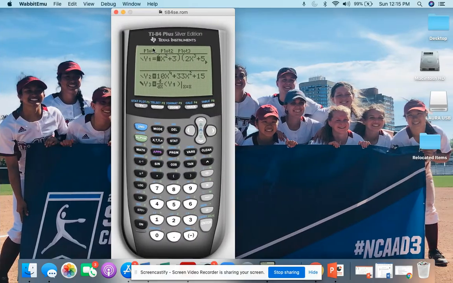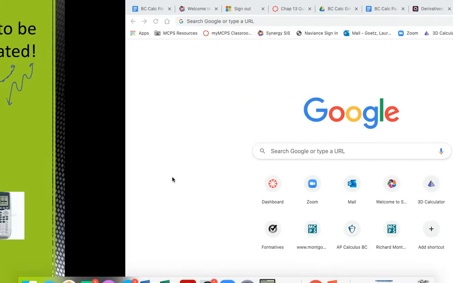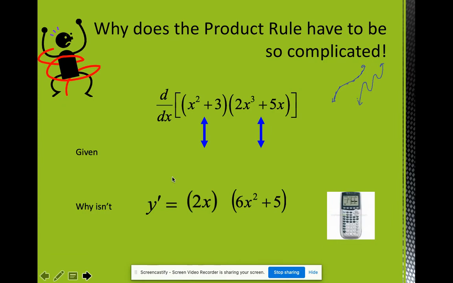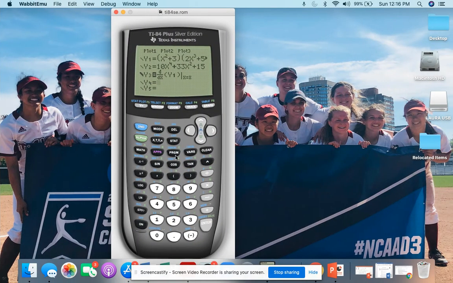So again, what if, instead of using the product rule, I thought the derivative was just, what did I say? 2x times 6x squared plus 5?